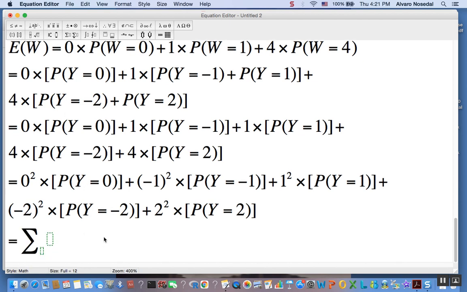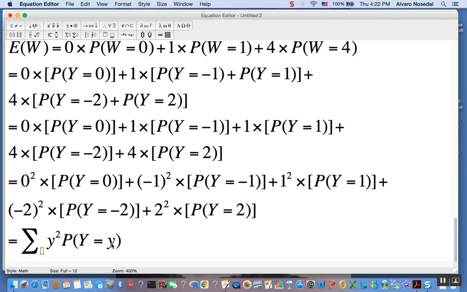Sum over y, the same as lowercase y because it's a possible value, of y squared times the probability that the random variable uppercase Y assumes that particular value. Make sense? And remember, lowercase letters represent possible outcomes.